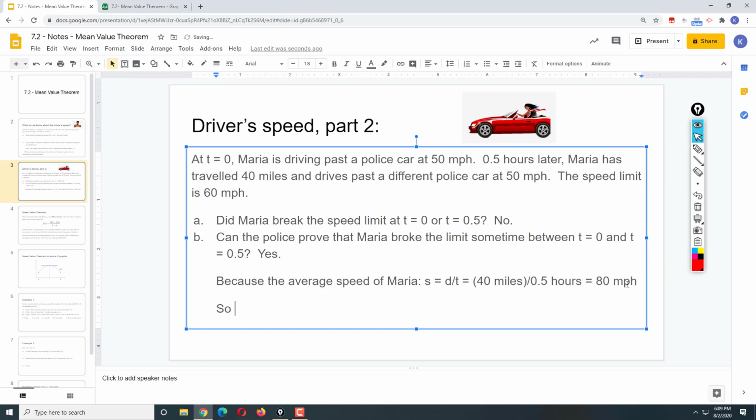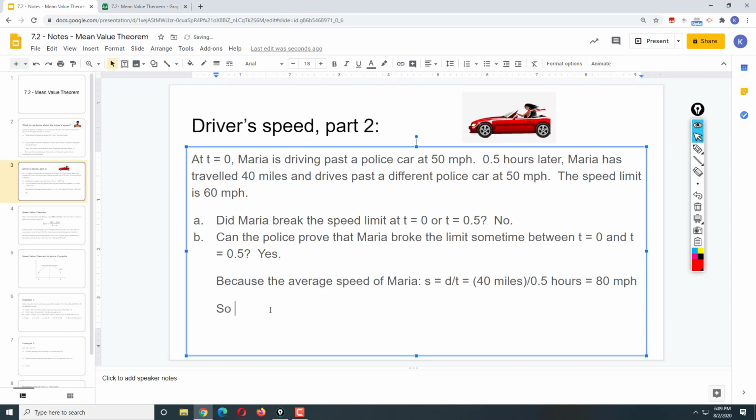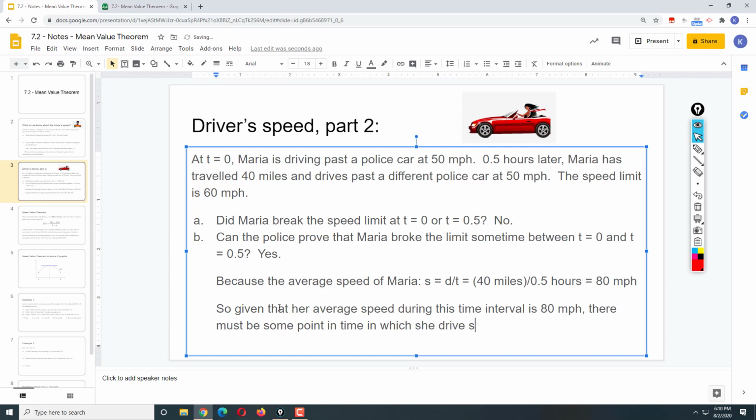So, what the police is saying is, given that her average speed during this time interval is 80, there must be some point in time in which she drives at exactly 80. That's the only way for the average to work. Or she goes faster.